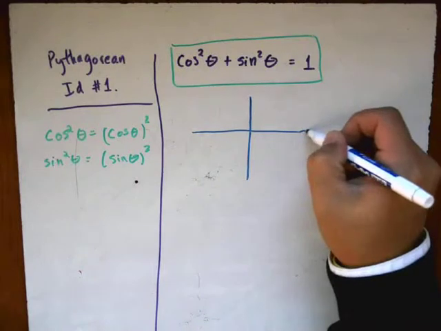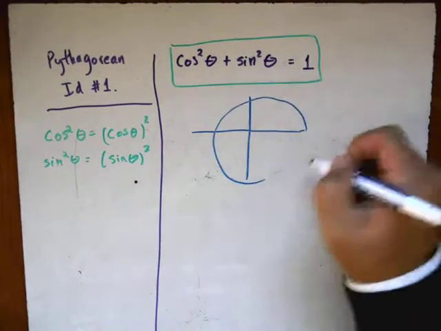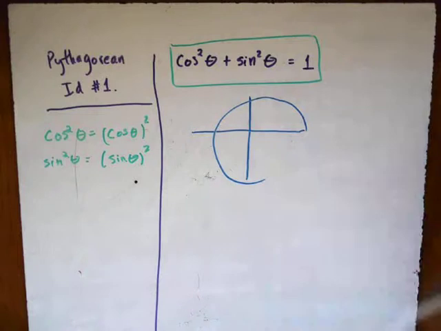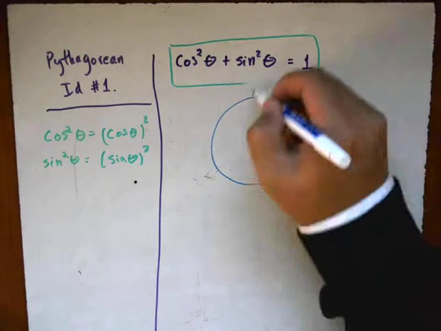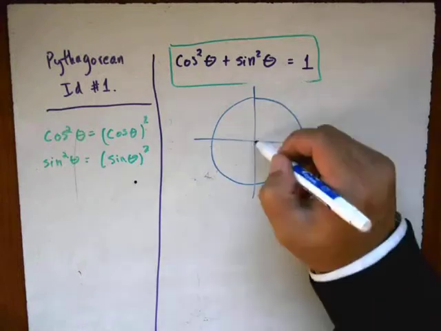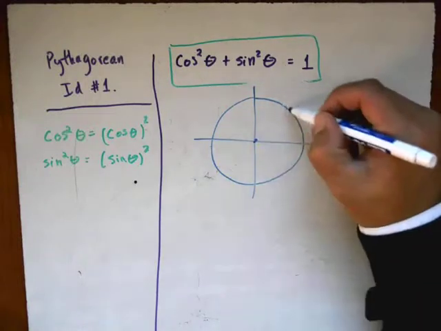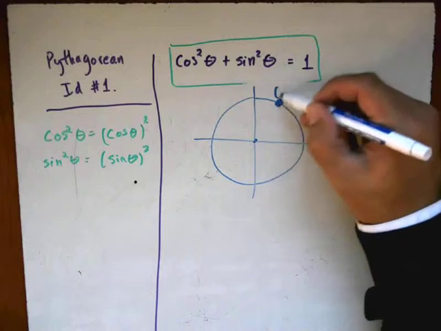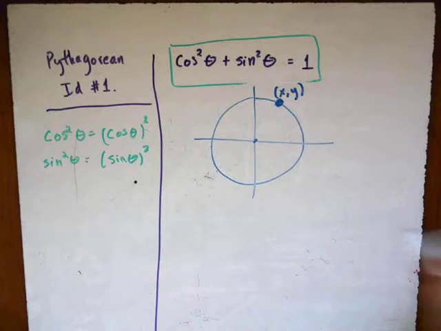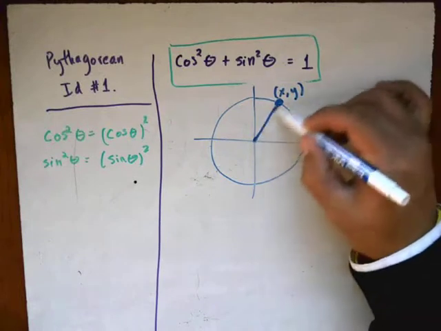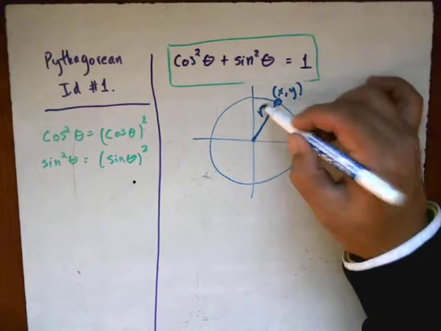Let me draw a better circle here. If I have a decent looking circle on the XY coordinate plane, and I have some point on the circle, I don't know what those coordinates are, so we can just call them x and y. And I know that the radius of the circle is equal to r.